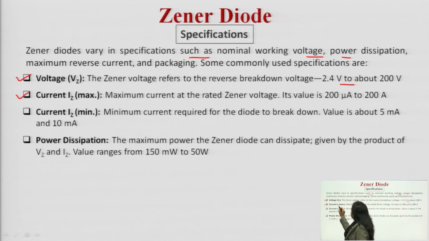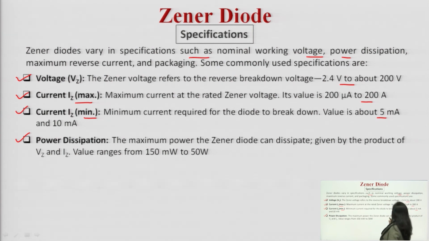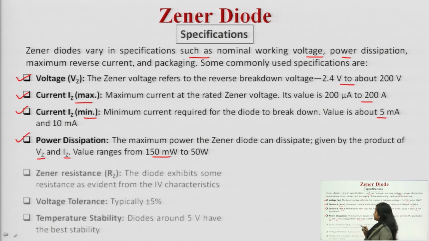Then there are Zener current Iz maximum and Iz minimum. What are the maximum and minimum values? The rated maximum value ranges from 200 microampere to 200 ampere, and the minimum value is about 5 milliampere to 10 milliampere. Power dissipation: how to calculate it? This is the product of Vz into Iz, Zener breakdown voltage into Zener current, and its value ranges from 150 milliwatt to 50 watt.